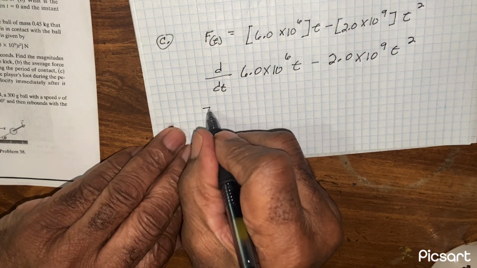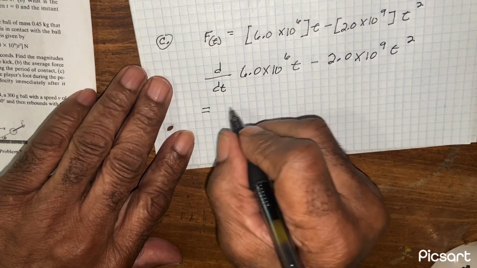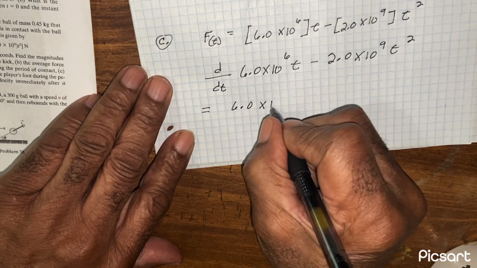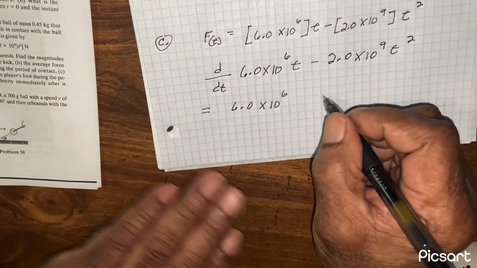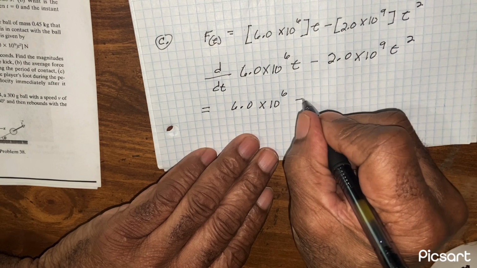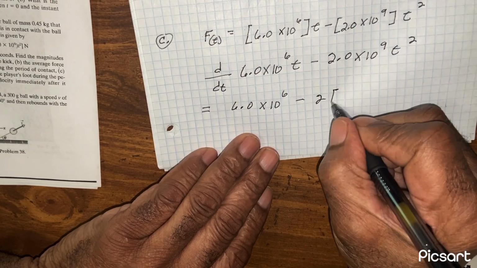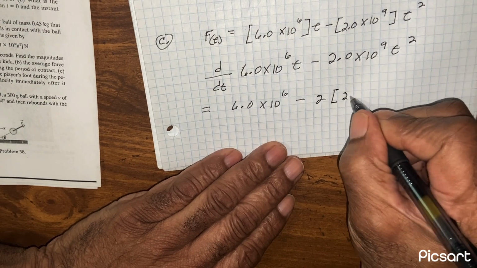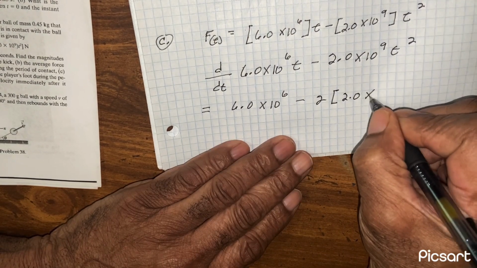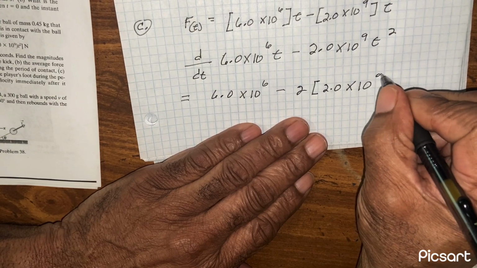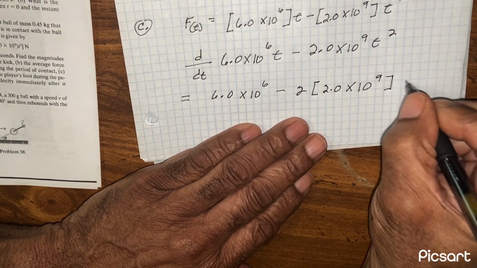And this is going to equal 6.0 times 10 to the 6 minus 2 times 2.0 times 10 to the 9th times t.